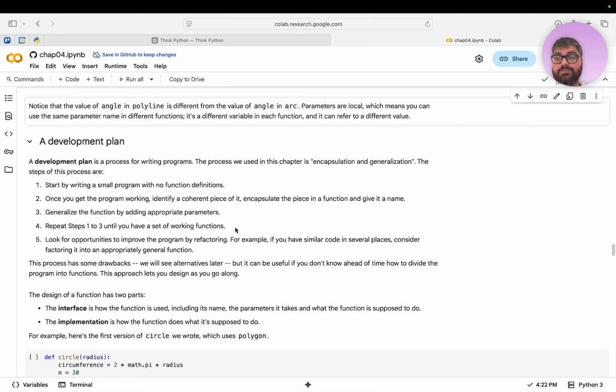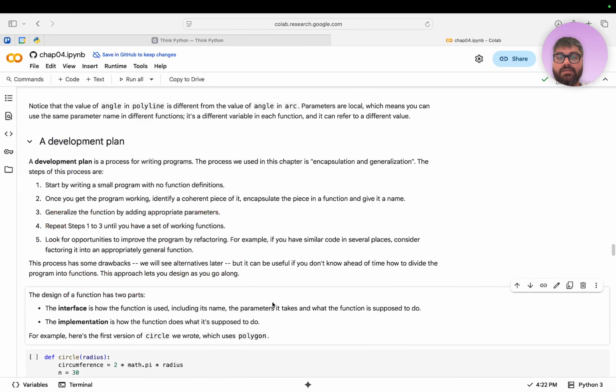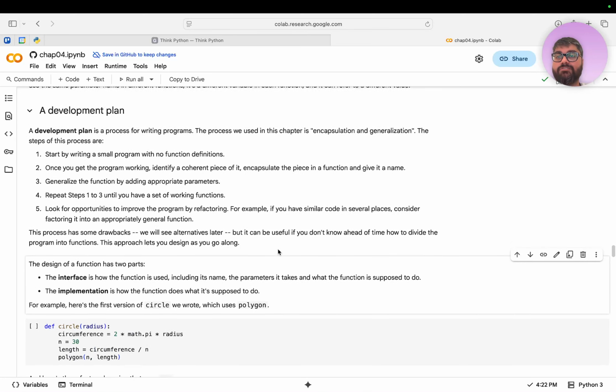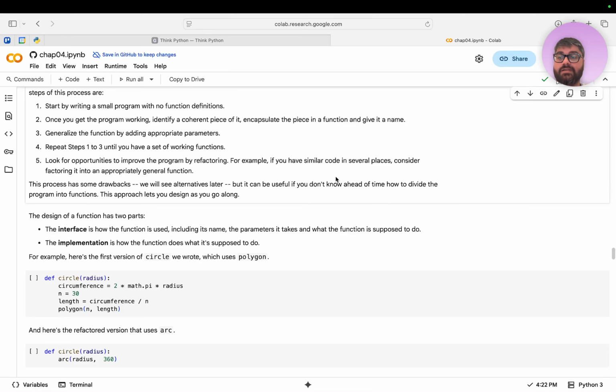Repeat steps 1 to 3 until you have a set of working functions. Look for opportunities to improve the program by refactoring. For example, if you have similar code in several places, consider factoring it into an appropriately general function. This process has some drawbacks. We will see alternatives later, but it can be useful if you don't know ahead of time how to divide the program into functions. This approach lets you design as you go along.